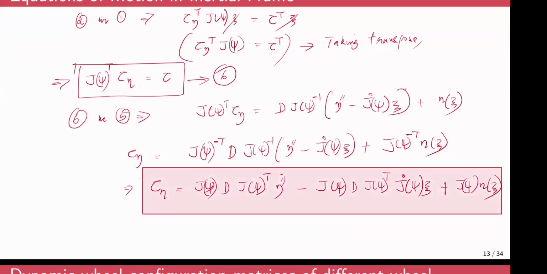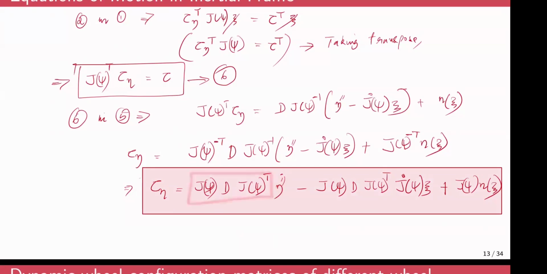And we all know that the coefficient of this acceleration vector is our mass matrix, just like we have seen earlier. So this eta double dot is our acceleration vector, and the coefficient of eta double dot is basically this term.